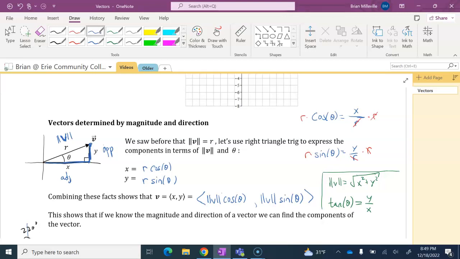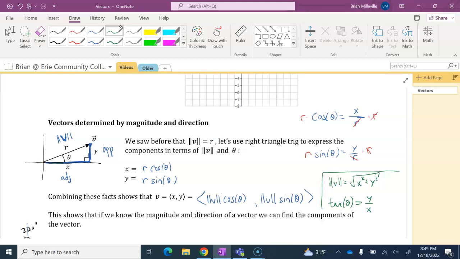What we also have is another pair of useful things that I have in green on the right side of the screen. The magnitude, we already knew that formula, is the square root of x squared plus y squared. So if we know the rectangular coordinates, we can figure the magnitude out.